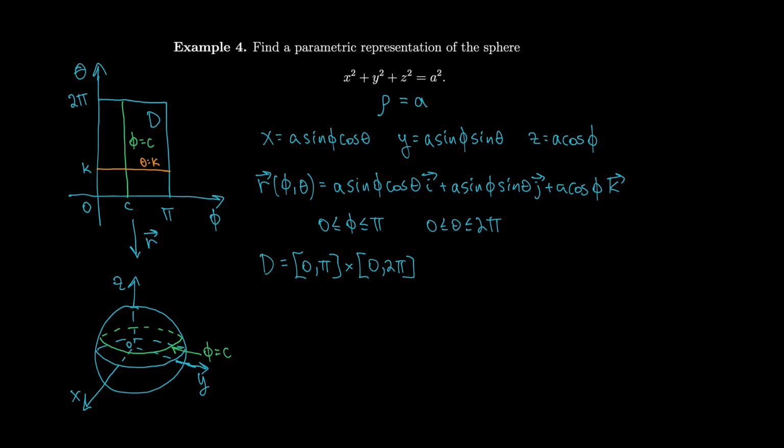Let's see what happens when we take our theta equals k line. Well, as you might expect, we get a meridian. We get a semicircle. So that's theta equals k. So all of these lines, phi equals c and theta equals k, come up with a whole bunch of circles and a whole bunch of semicircles that all together build up our sphere.